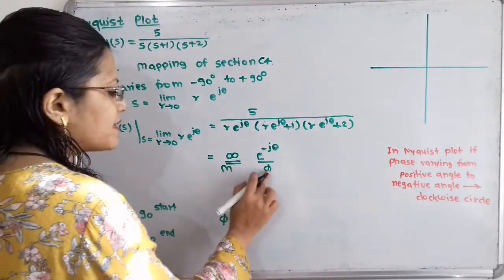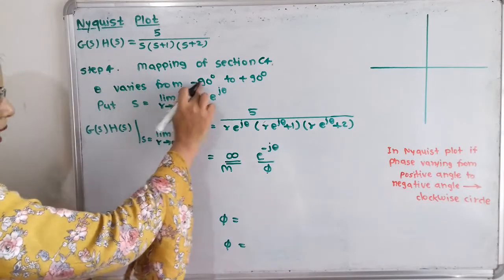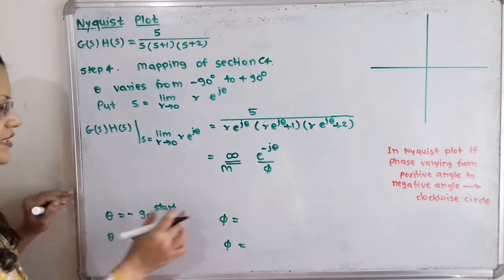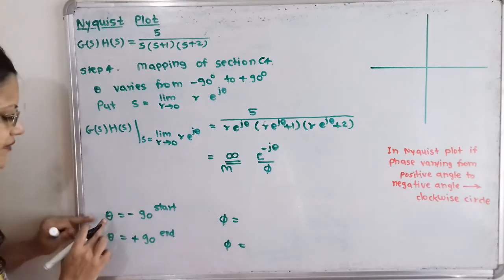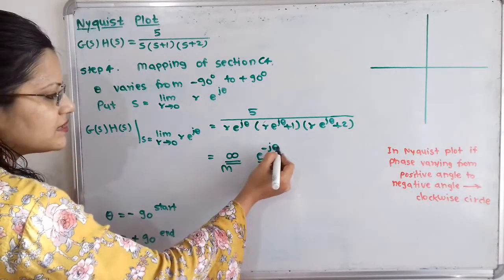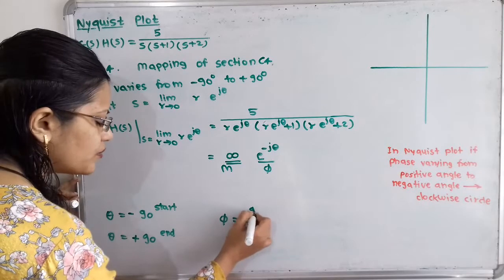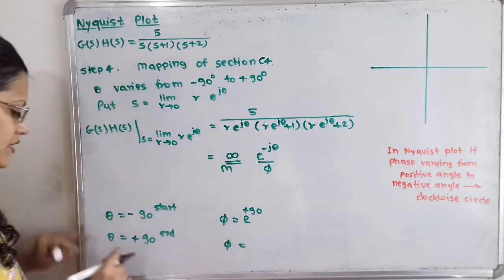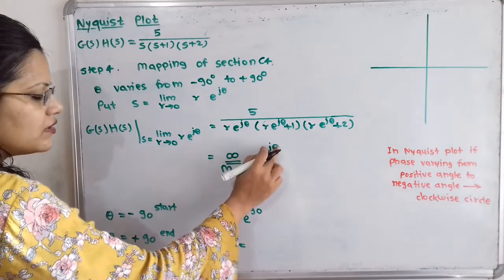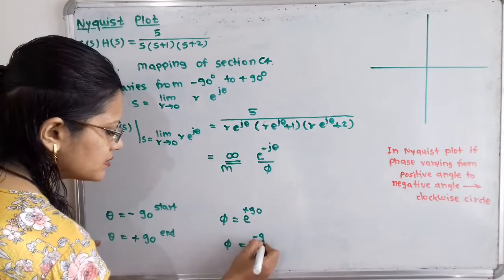So this is the magnitude, this is the phase angle, and we know that theta varies from minus 90 to plus 90. So how we can define this phase angle phi? If I put theta is equal to minus 90, then minus 90 minus 1, then this phase angle e raised to plus 90. When I put theta is equal to plus 90, so here plus 90 minus 1, that is e raised to minus 90.